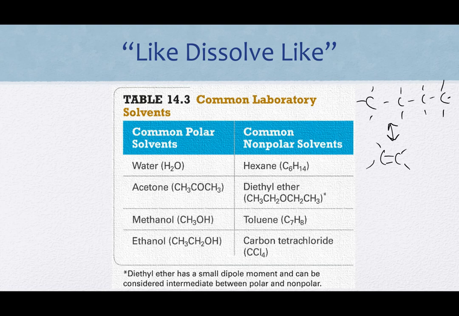Okay. And so here we just see some common solvents, not anything you're going to need to memorize. It might be a good table to refer back to with some of your homework questions. It's certainly something that I'll help you with on an exam. So water, we know, is a polar molecule. Acetone is also a polar molecule, so it's got this oxygen sticking up.